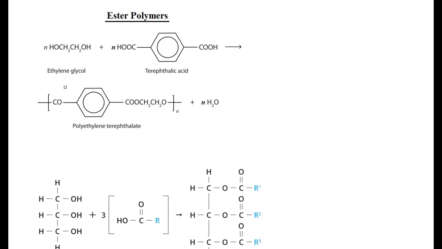If you have a dicarboxylic acid or a diester react with ethylene glycol, which is a diol, you can have a continuous reaction here where it forms a long chain of ester bonds, and this is called a polyester. Polyester, of course, as you know, is one of those things that can be used as a clothes fabric.